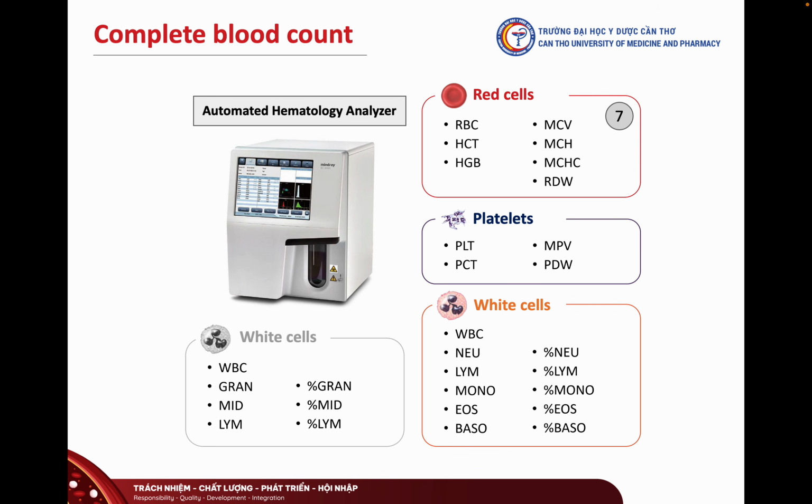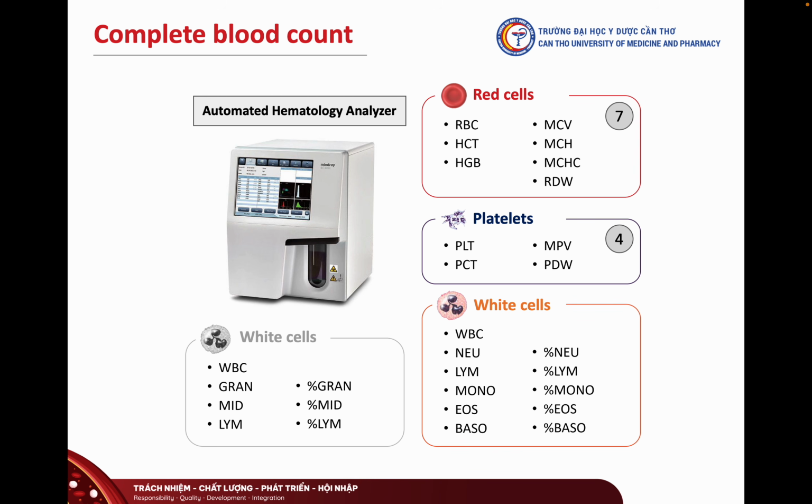For the platelets, the key value to focus on in this course is the PLT, or the platelet count. Other indices like MPV or PDW are available, but not our priority today.